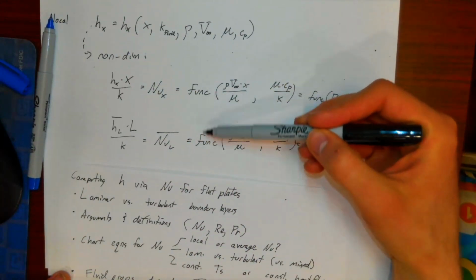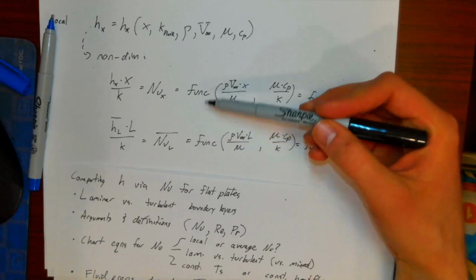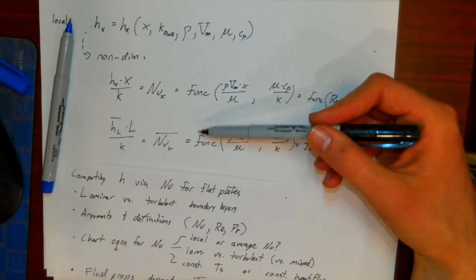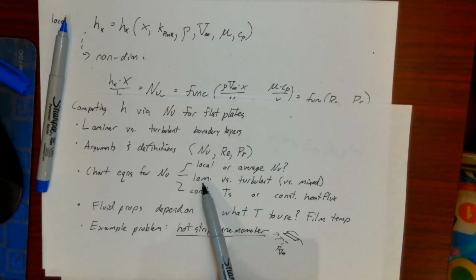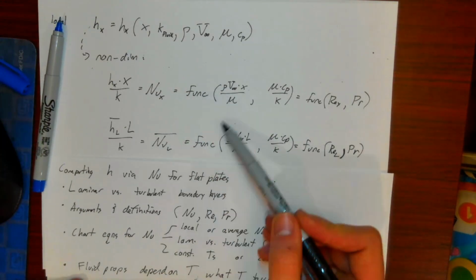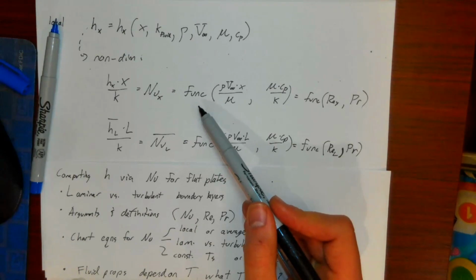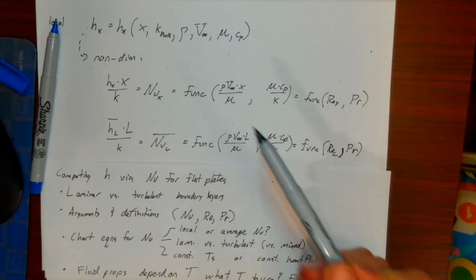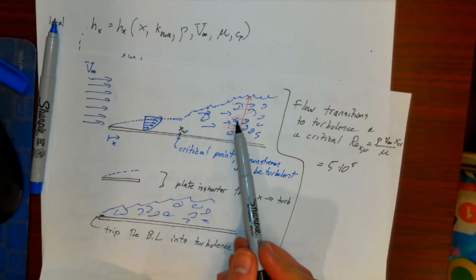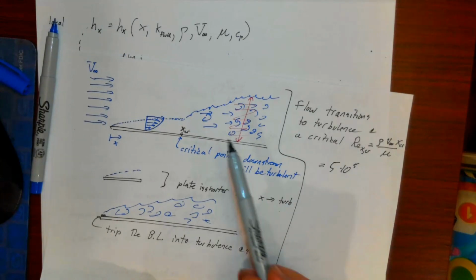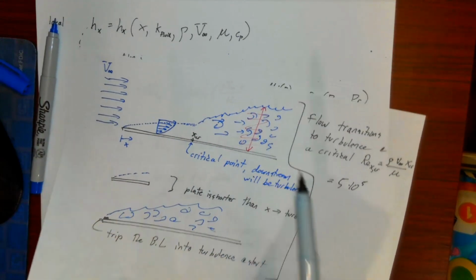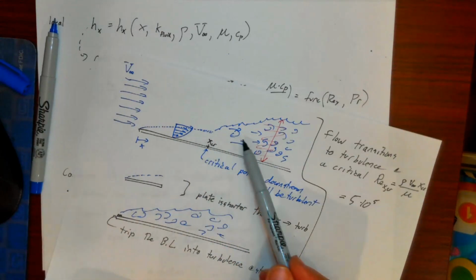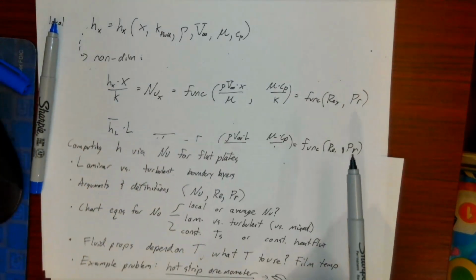These are going to be two different functions from one another, and I'll clarify what these functions are once we fill out the chart. Rather than have one function that applies to both laminar and turbulent flow, these characteristics are so different that it's more convenient to have two separate functions that apply to the two separate conditions or the two separate locations on the plate.